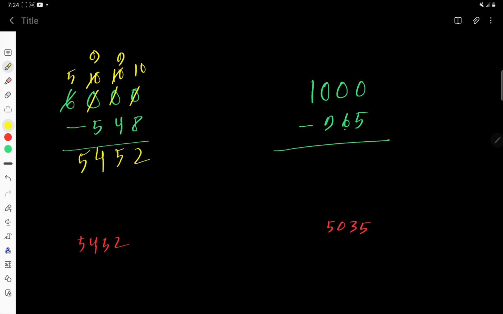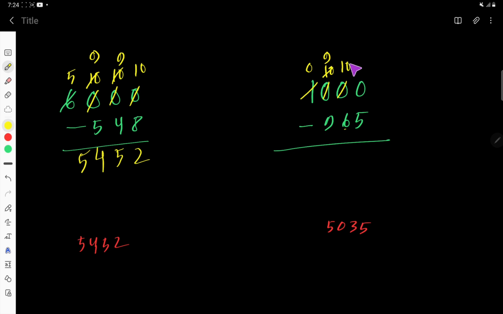Now consider this example. Okay, borrow from here, borrow 1000, this is the thousands column. If you borrow this 1000, then it becomes 0 and this becomes 10. So work on this column: 10 becomes 9 and it becomes 10.